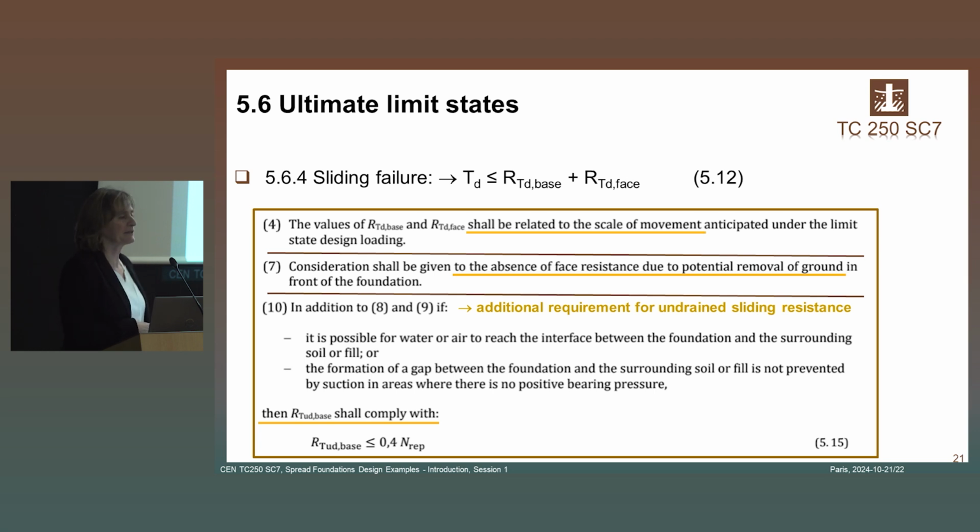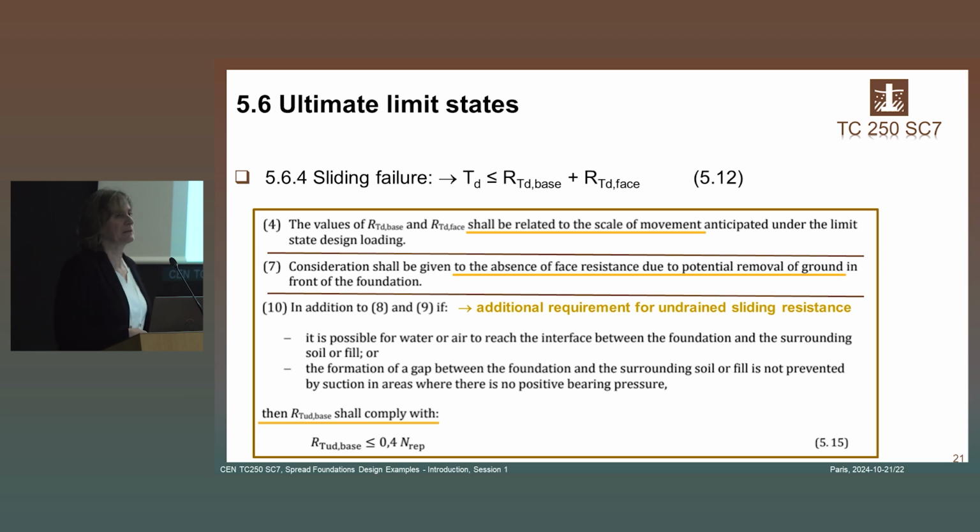And here we need to consider, for example, that those two resistance components shall be related to the scale of movement anticipated under the limit state design loading, and you should consider that they may be mobilized at different displacements of the footing. For the earth pressure here, you should make sure that it exists over the lifetime of the structure and should not be removed in between, let's say.